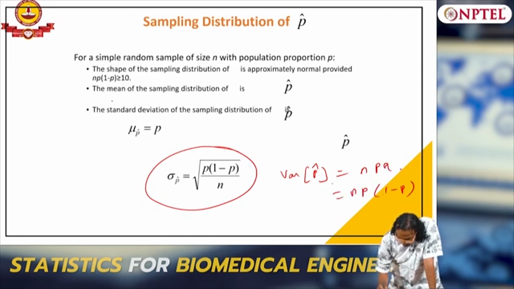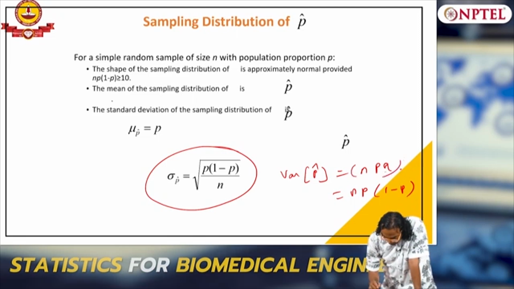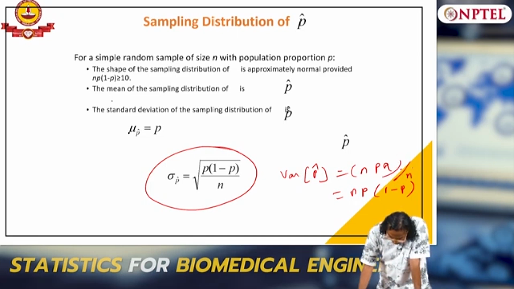And we know variance of p hat should be what? Sigma squared by n, right? So variance of p hat is sigma squared by n.